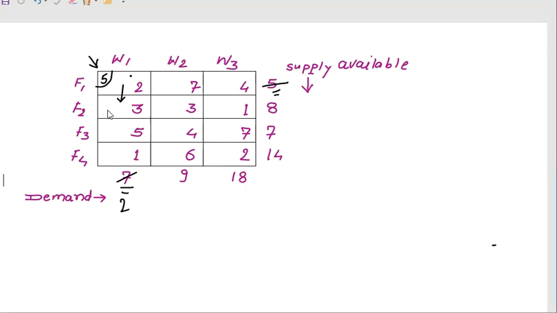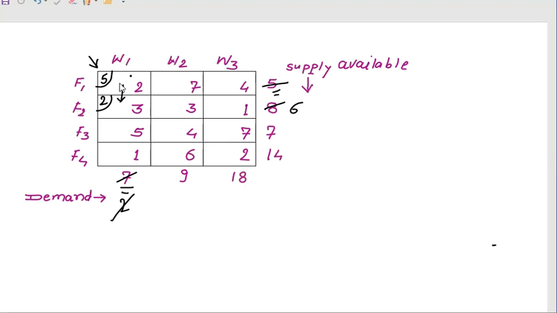So allocate maximum possible quantity in this cell. So 2 is the requirement, 8 is available. So maximum we can allocate is 2 because only 2 units are required. So out of 8, 2 units are transported to the warehouse W1. Now 6 units left at the factory F2.